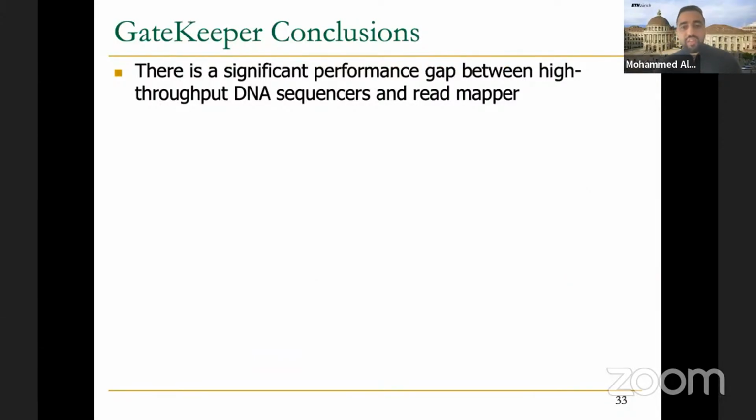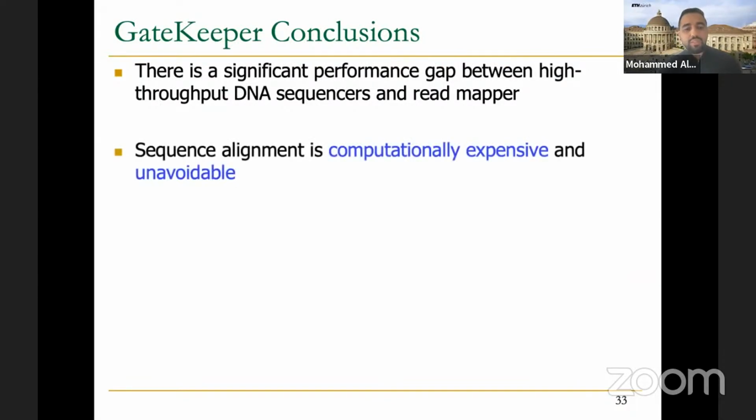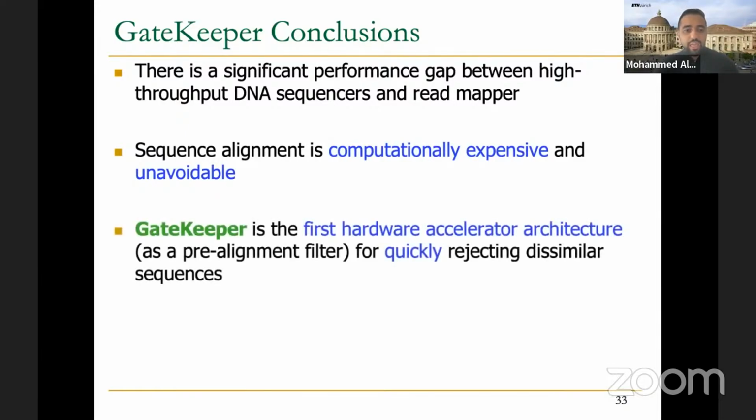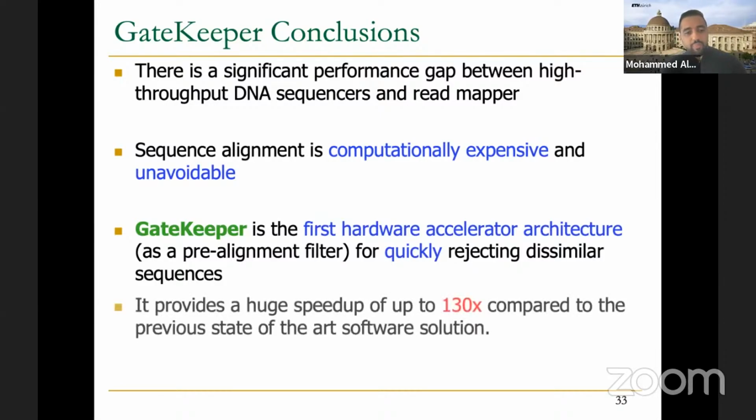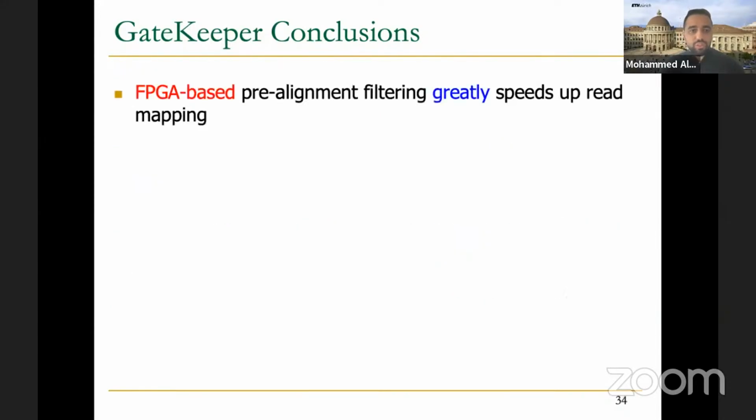So there is a significant performance gap between high throughput DNA sequencers and read mappers. And sequence alignment is computationally expensive and we cannot avoid it, as we all agree. So GateKeeper was the first hardware accelerator at that time for quickly rejecting dissimilar sequences. And it provides a huge speed up of up to 130x compared to software solutions.